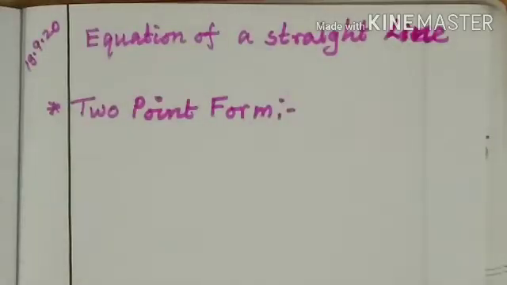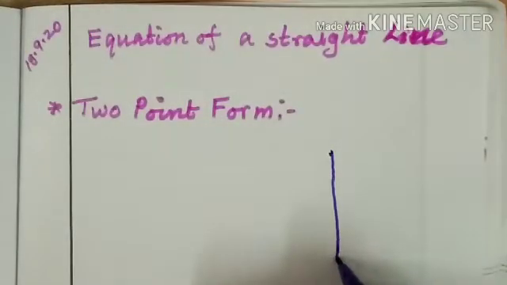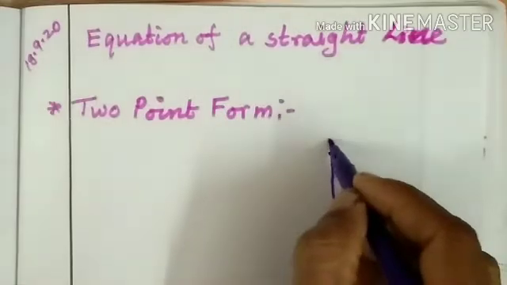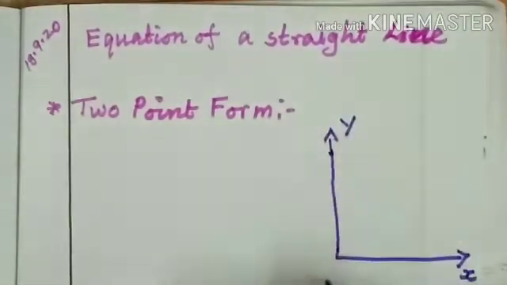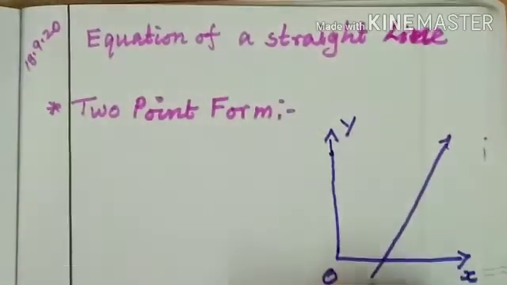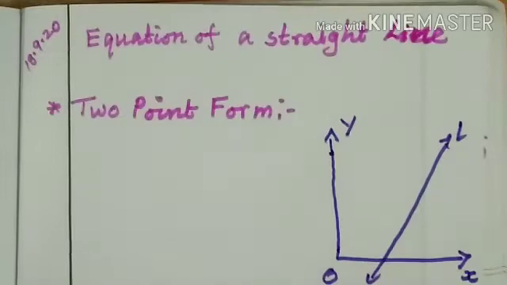Let us see the third heading, two-point form formula derivation. First you draw the first quadrant and mark the x-axis, y-axis, origin. Let L be a straight line, that is a non-vertical line.